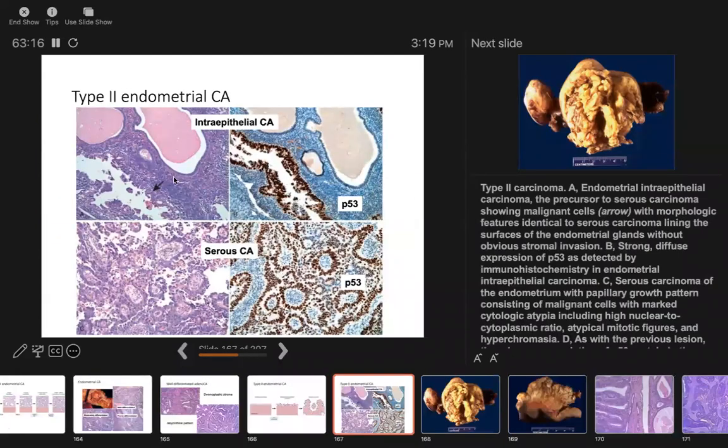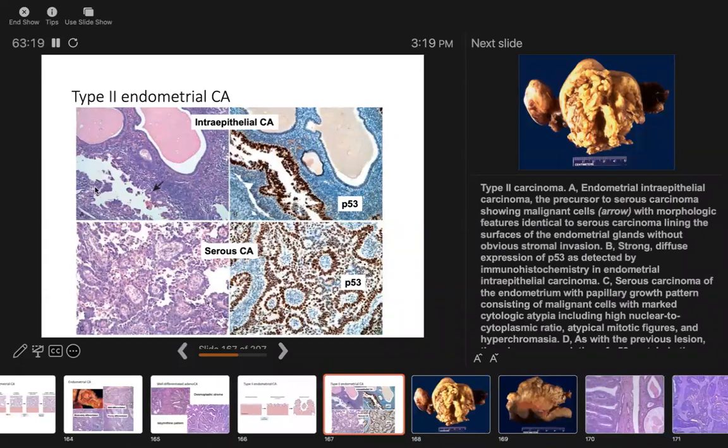So this image tells you that this is an example of intraepithelial carcinoma. And this is an example of highlighting its expression using the immunohistochemical stain P53. So since the glands are the ones that take up the brown color, that tells you that the lesion is intraepithelial or within the gland.